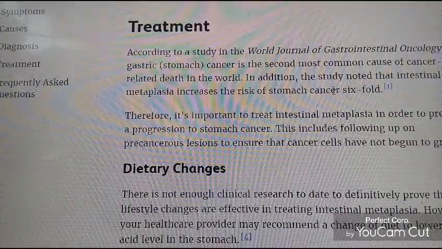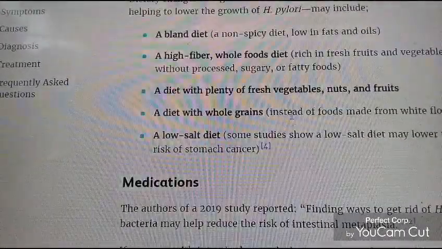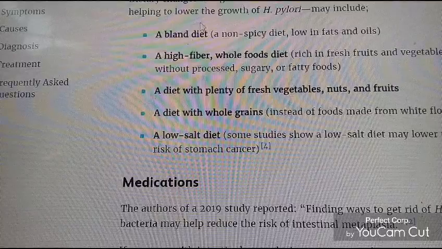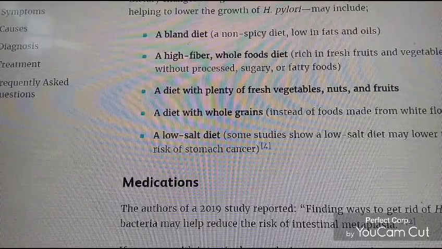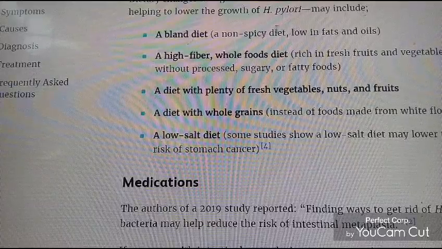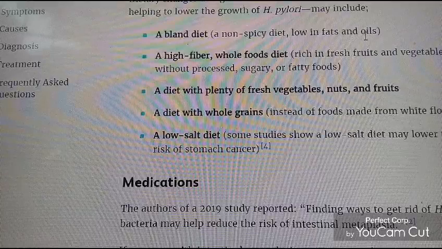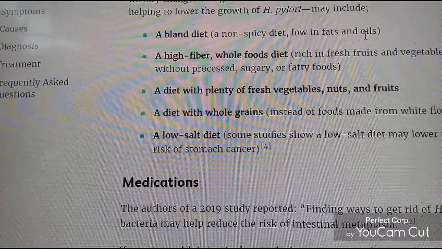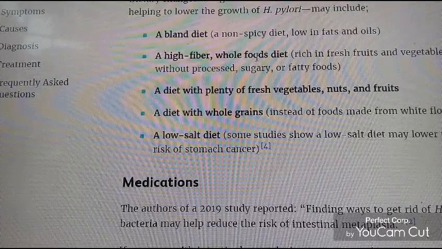Treatment. What treatment are you talking about? None. Yes, we do have later on. But before we go there, dietary changes. Okay, we gotta change the diet. Bland diet, not spicy diet. Low in fat and oils. Morons. High fiber, whole foods diet.